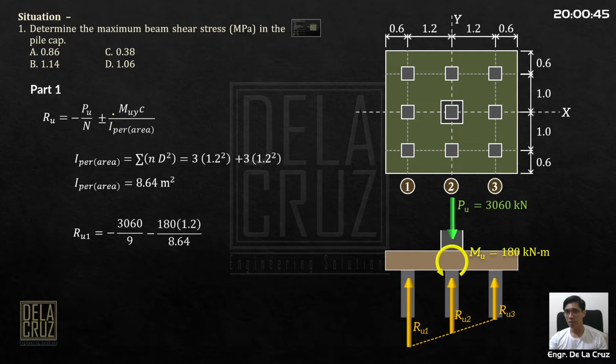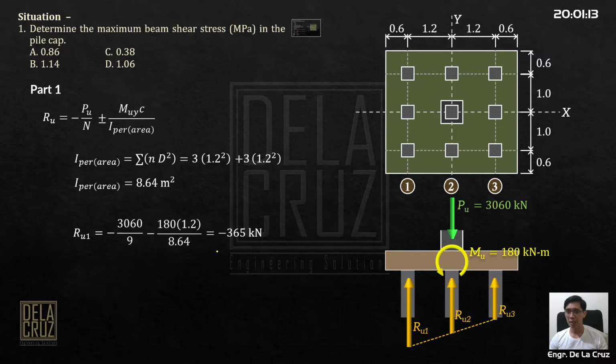So, negative, the moment is 1080. Yung C natin, that's the distance of this line 1 to the neutral axis. You have here 1.2. And the inertia per area is 8.64. So, you will have negative 365 kilonewtons. So, ito yung critical reactions on the pile. And lahat ng critical stresses is based here.